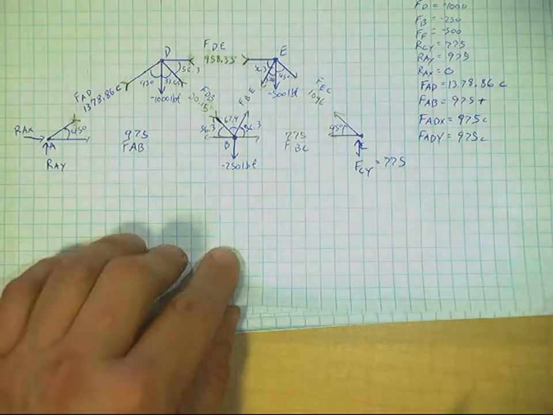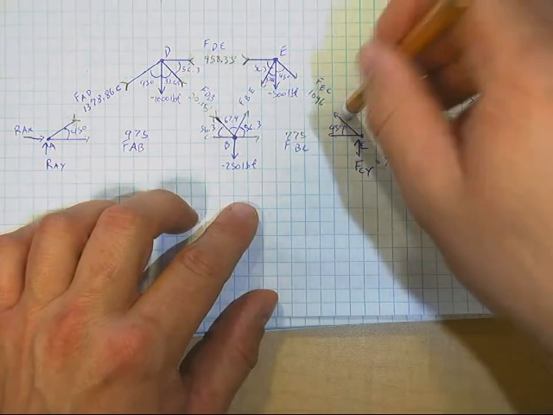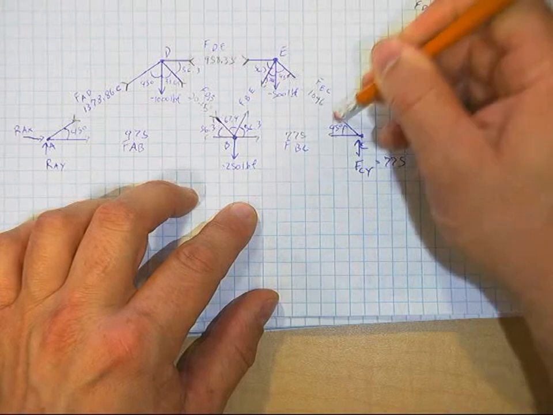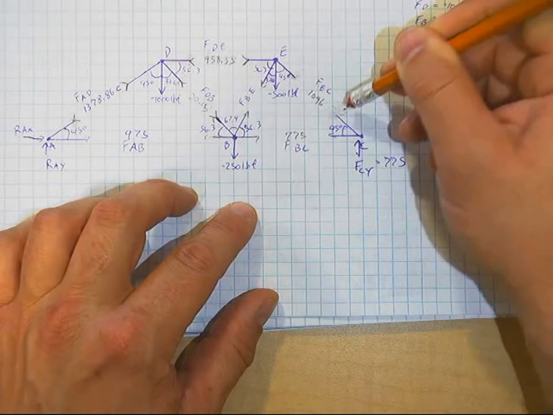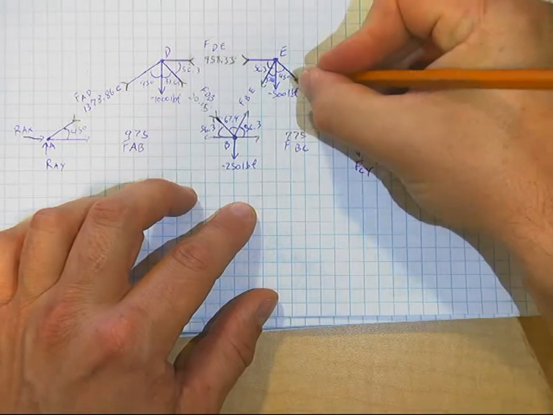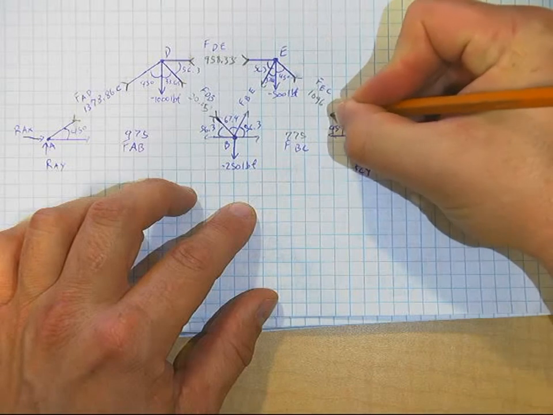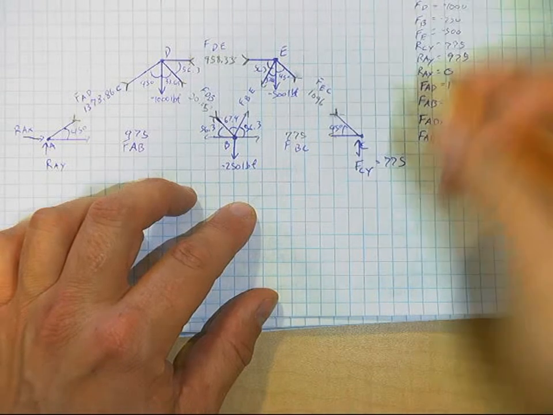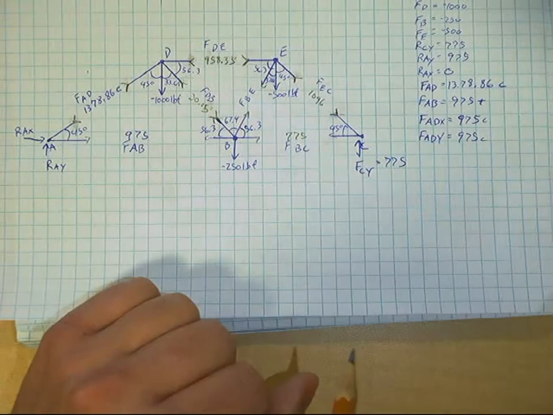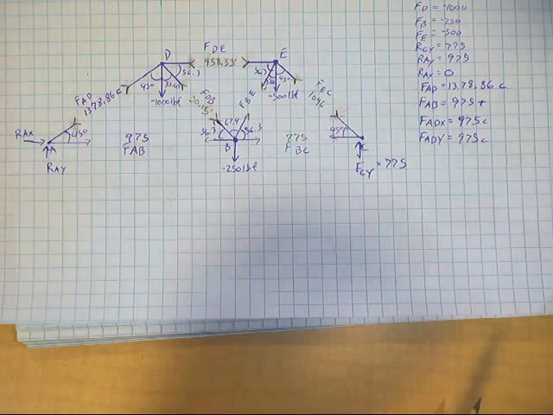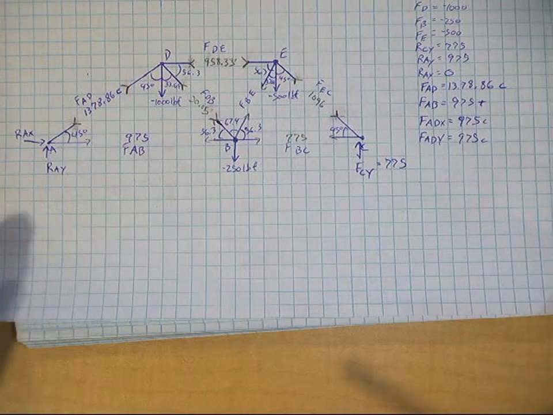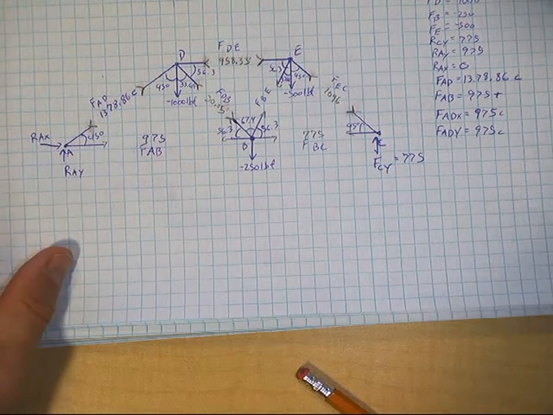So 1096 and 775. The FEC is in compression, so we're going to go ahead and flip our arrows. And then our FBC is in tension, so it's 775 in tension.